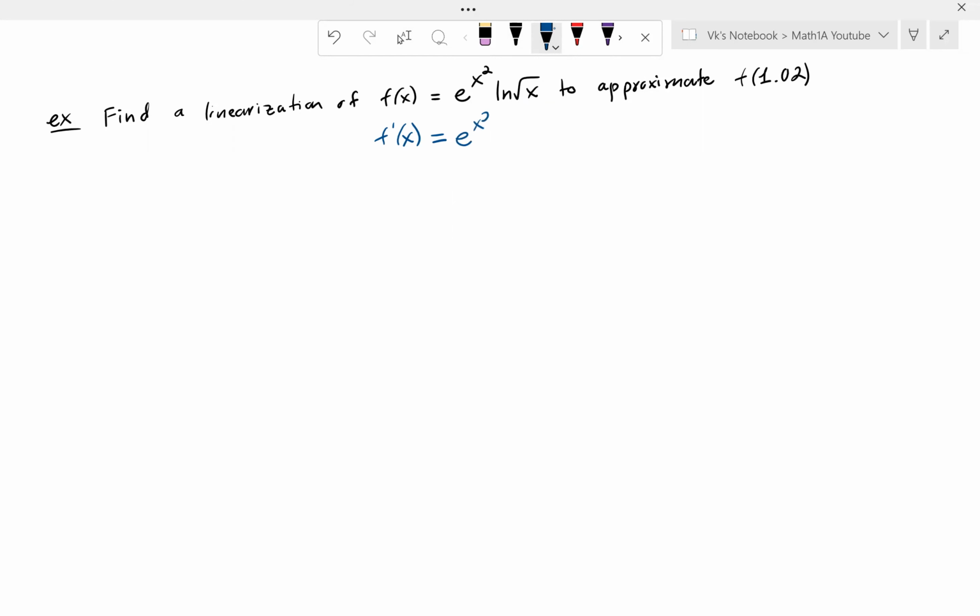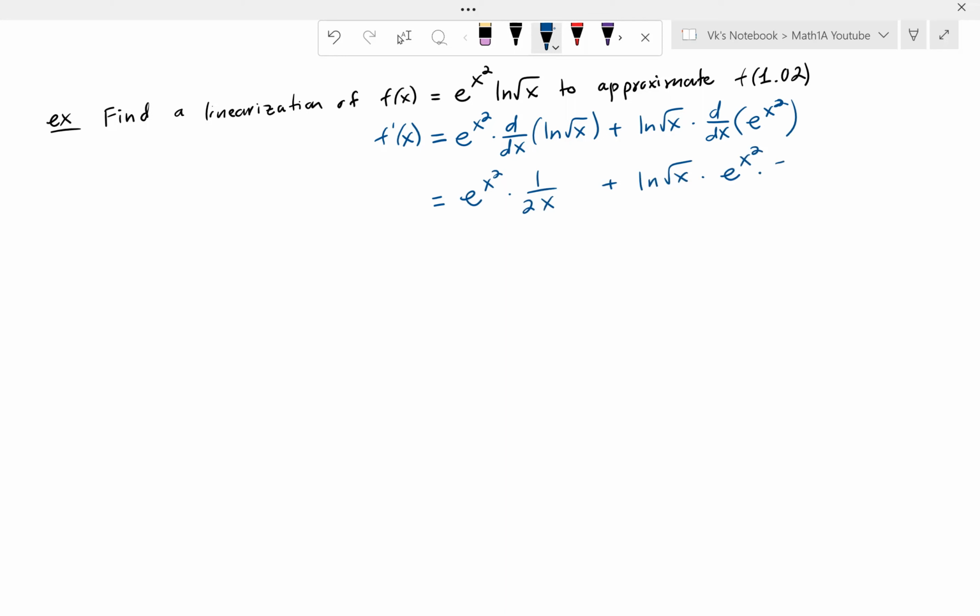So e to the x squared multiplied by the derivative of ln root x, plus ln root x multiplied by the derivative of e to the power x squared. e to the x squared times 1 over 2x, plus ln root x times e to the x squared times 2x.